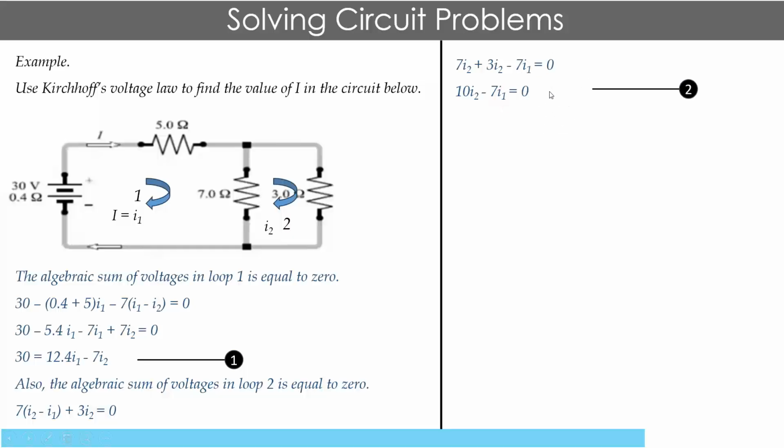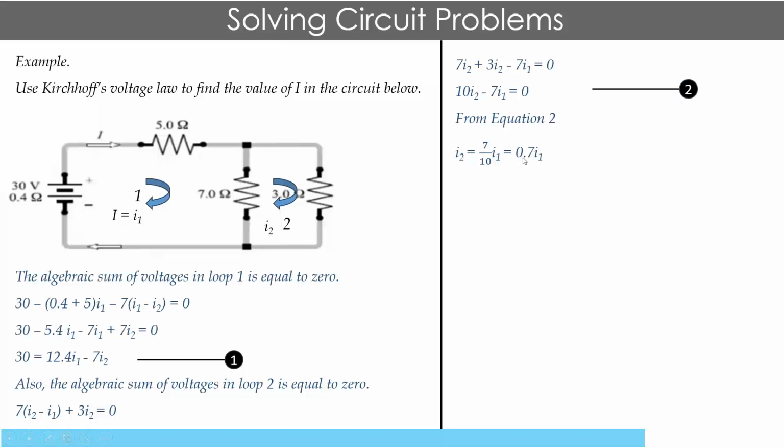We can call this equation 2. From equation 2, we can see that I2 is equal to 7 over 10 I1, which is the same thing as 0.7 I1.